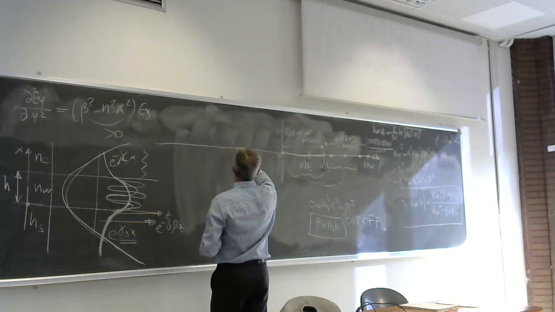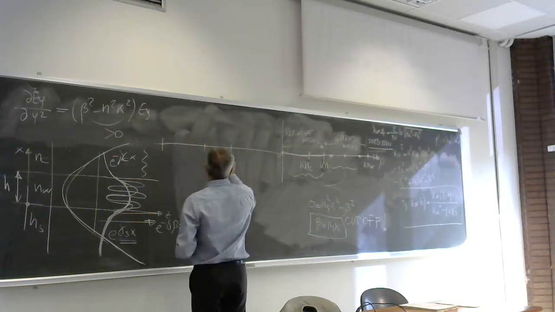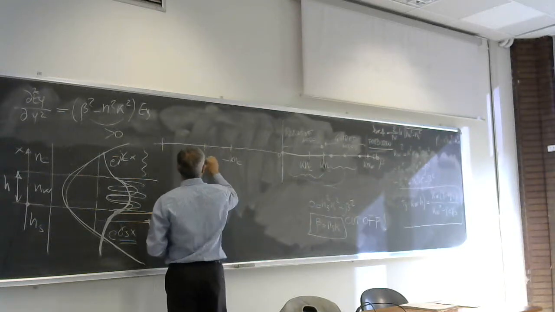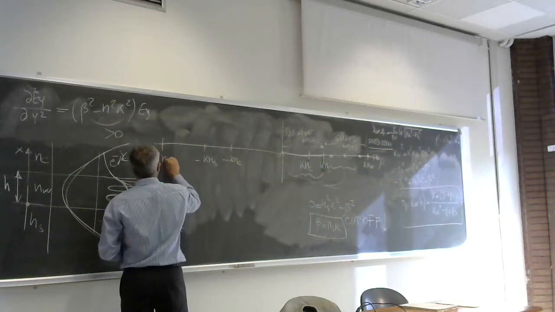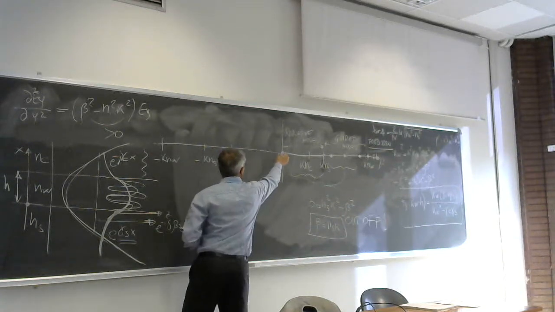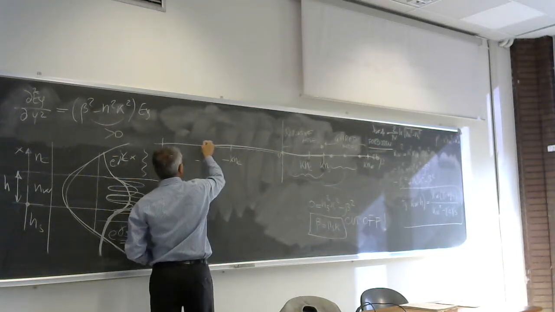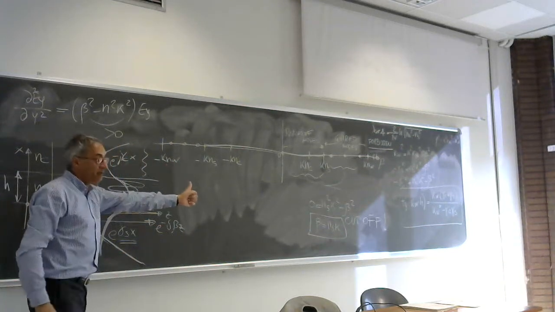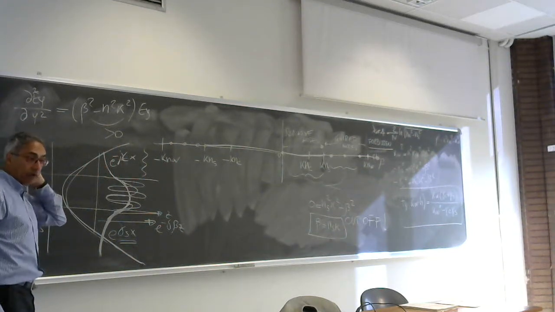And so we have here minus k n_c, minus k n_s, minus k n_w. And once again, we have a radiative mode till here and guided modes here. And these are waves that go back in the opposite direction.